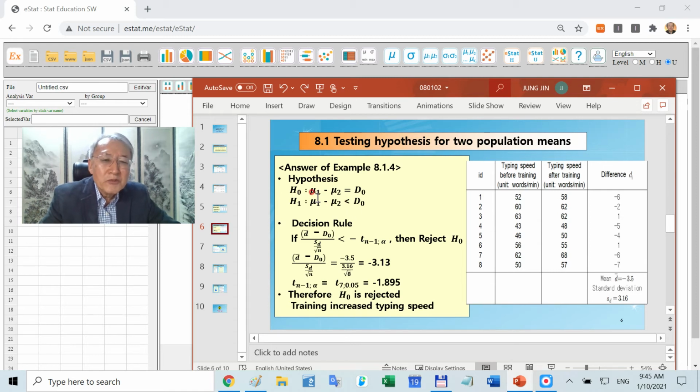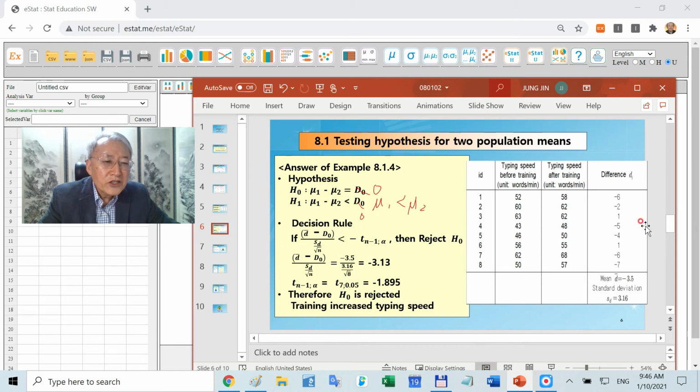In general, you may say mu1 minus mu2 equals d0, but in this case, d0 is a gap. If you consider this to be 0, the null is mu1 equals mu2, and the alternative is mu1 less than mu2. That means after training, the typing speed increased. We have to test this alternative hypothesis.